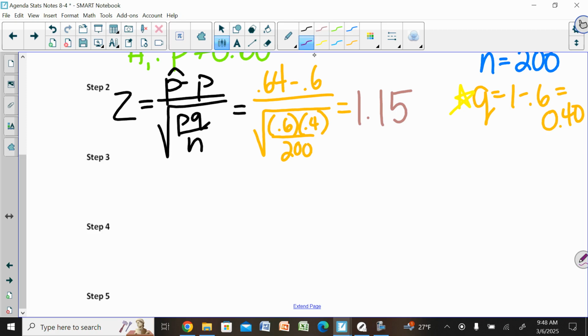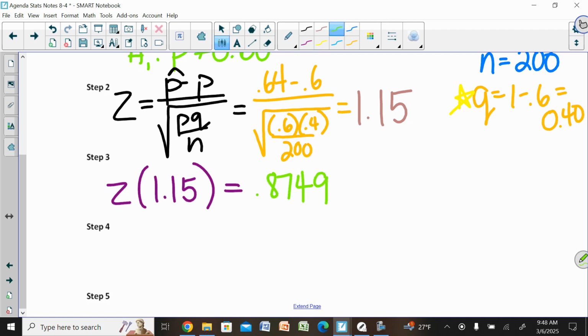So again, I'm going to my Z table, and I'm actually looking for 1.15. So I'm going to go on the positive side, down to 1.1, across to 0.05, and I get a 0.8749. That number seems pretty high, right?